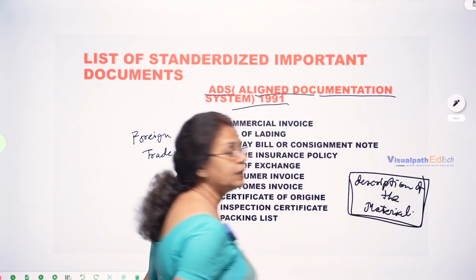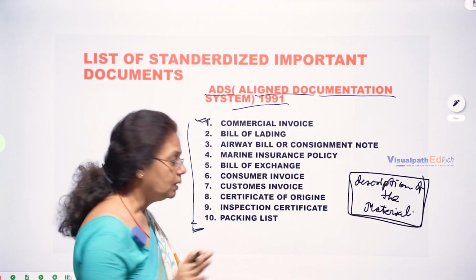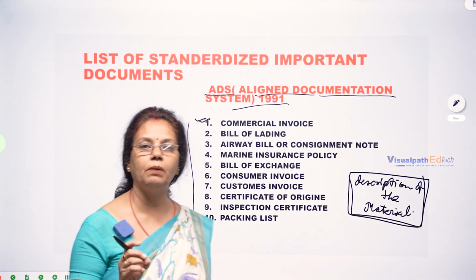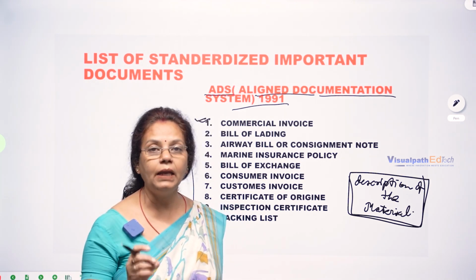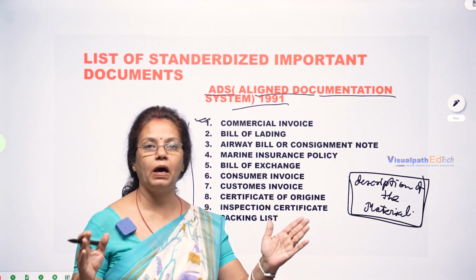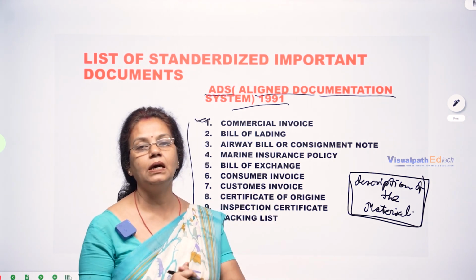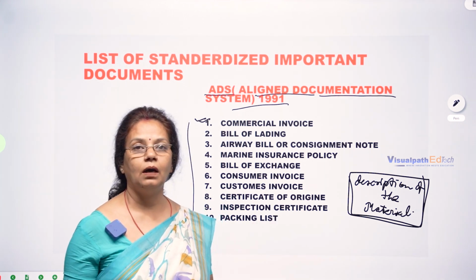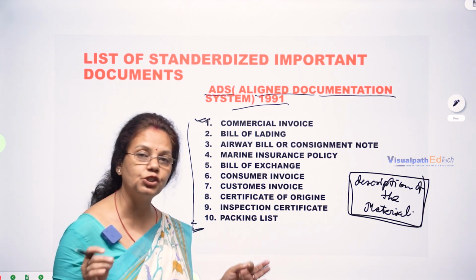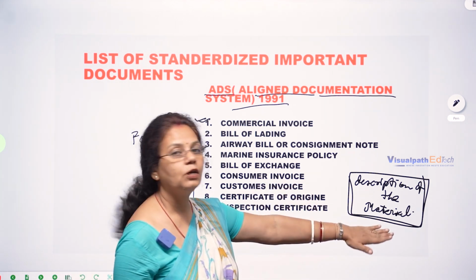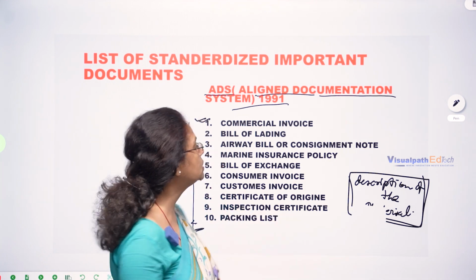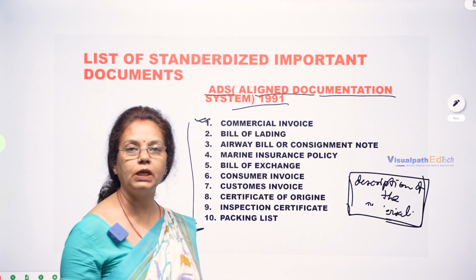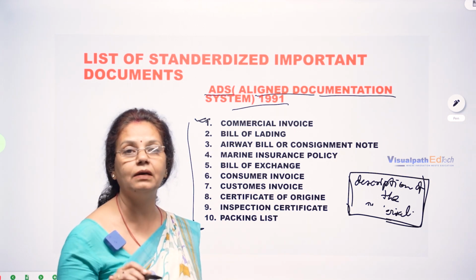This is a normal piece of paper where only the description of the material is given, and it should be between two parties, the seller as well as the shipping company or shipping agency, whoever is with the shipment. He has to prepare this document where all about the material and the product is mentioned clearly.